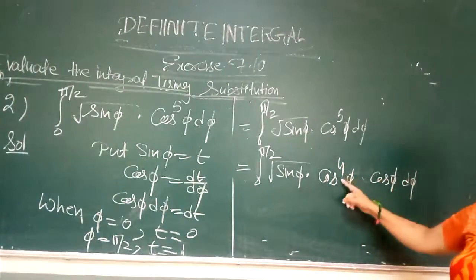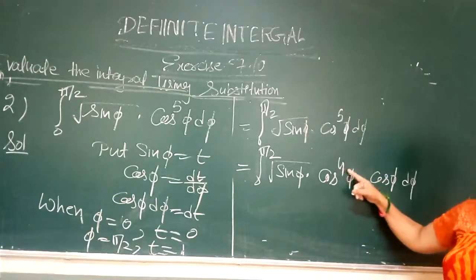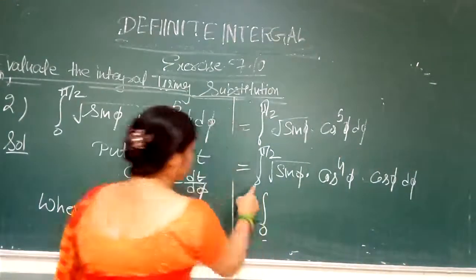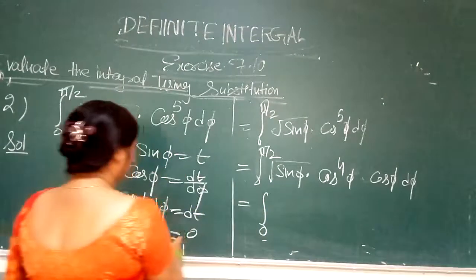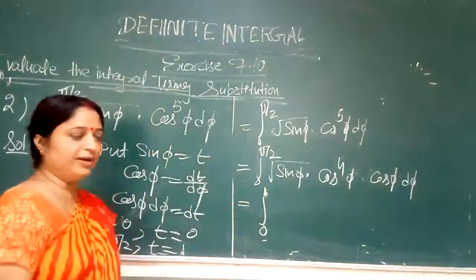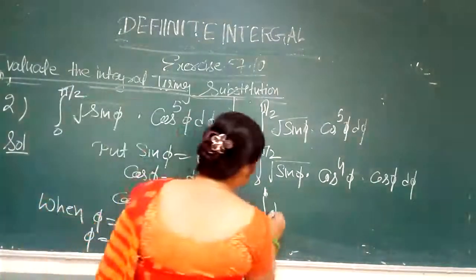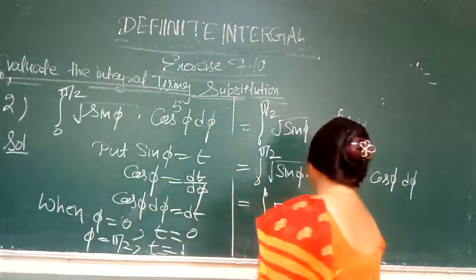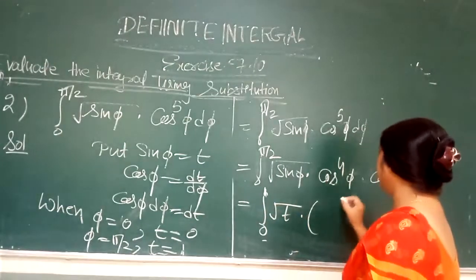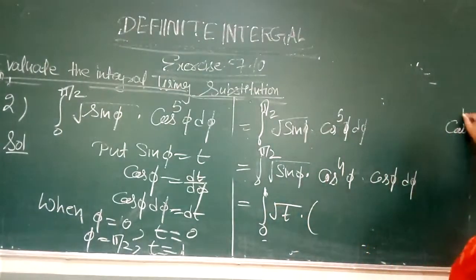And cos to the power 4 phi is cos square phi whole square.